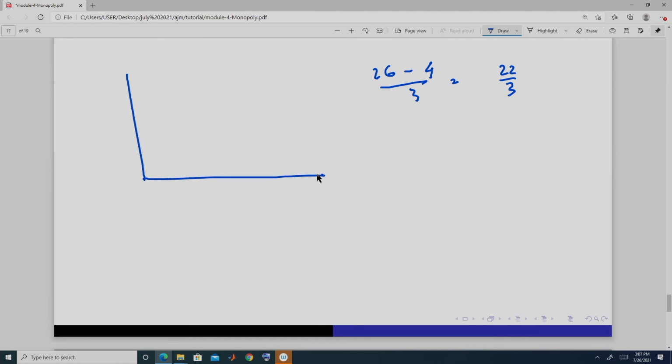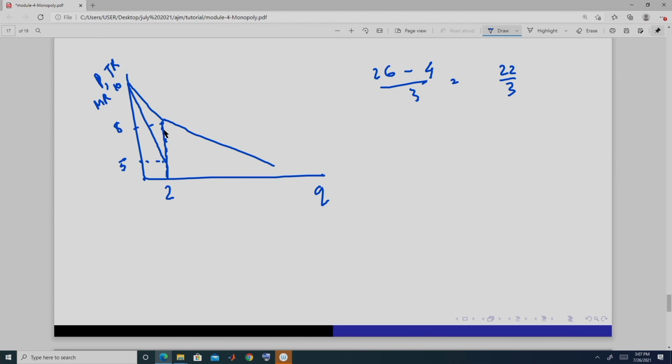So, if you look at price, total revenue, marginal revenue here, this point is supposed to be 2. Then this is somewhere here, this is suppose 5 and this is 7 point something.